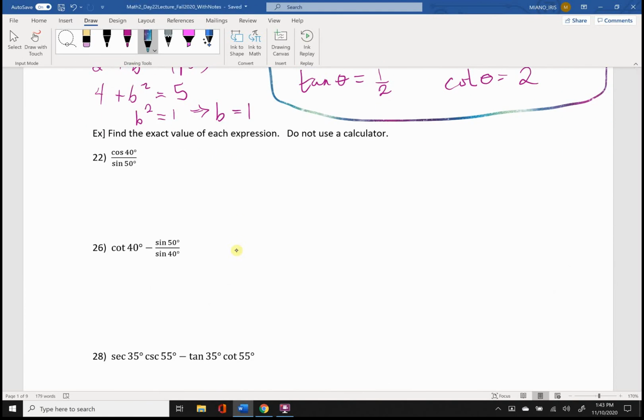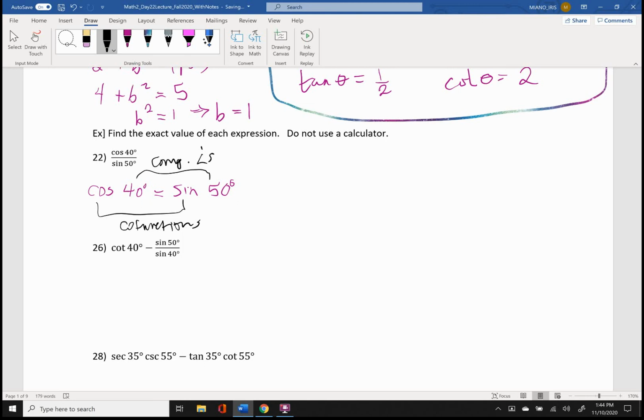So for 22, I want to recognize that the cosine of 40 degrees, believe it or not, is actually equal to the sine of 50 degrees, using that cofunction relationship, right? Because we have cofunctions here, and then we have complementary angles.